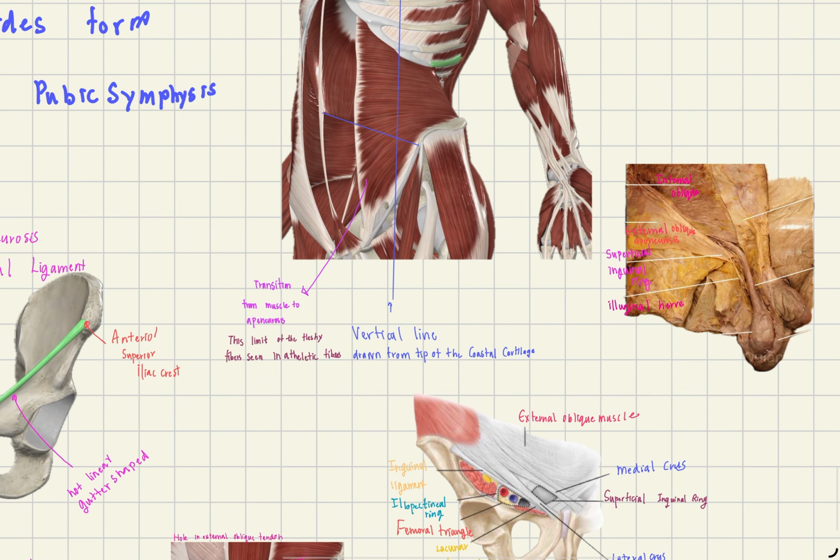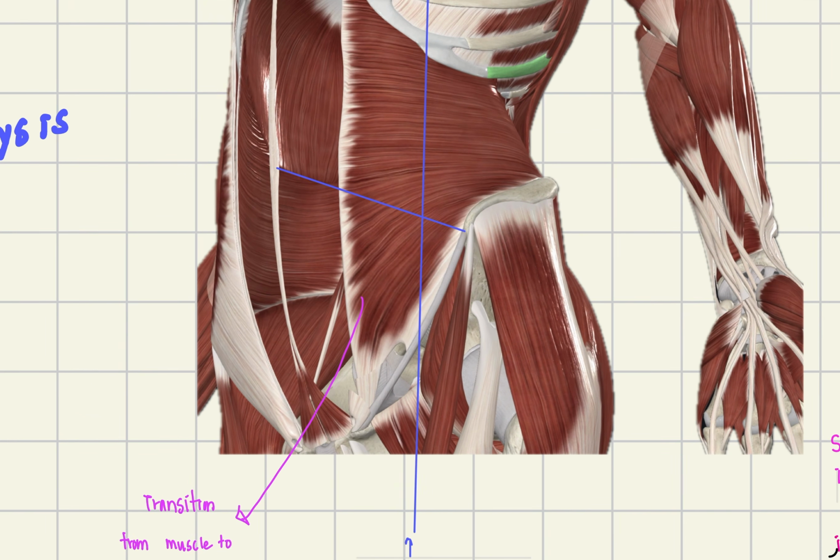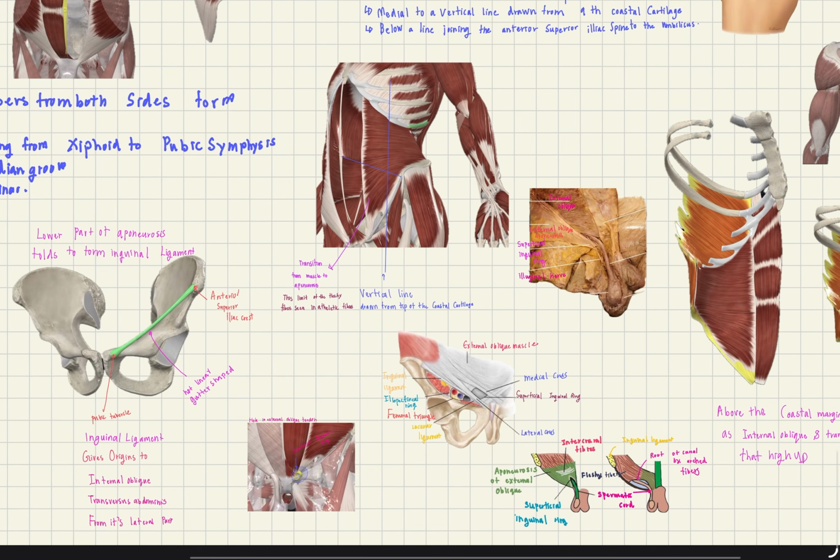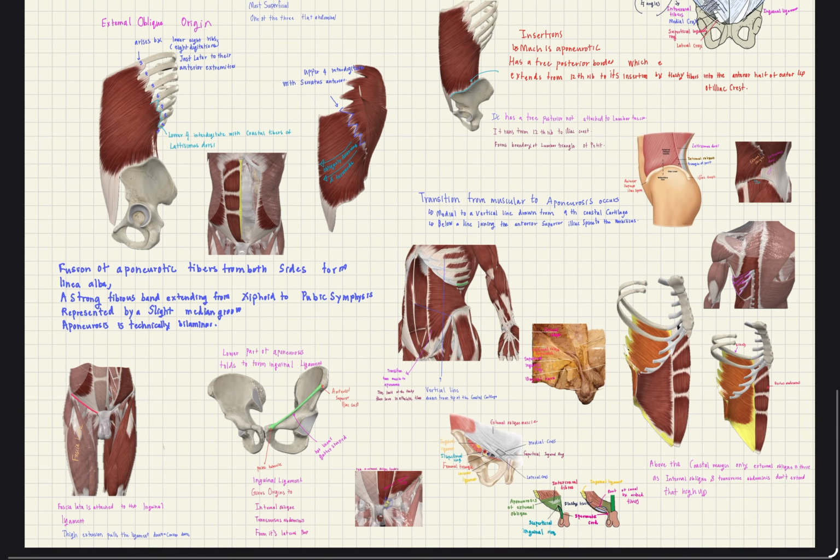The aponeurotic fibers are directed obliquely downwards and forwards, like hands in pockets. They interdigitate with each other in front of the rectus abdominis along the whole length of the linea alba.